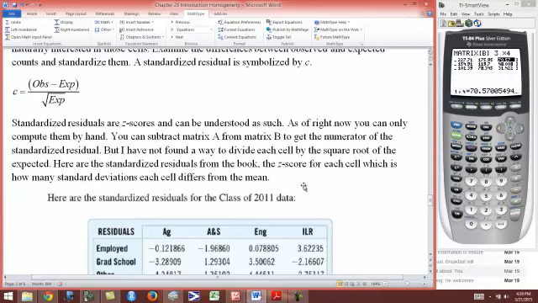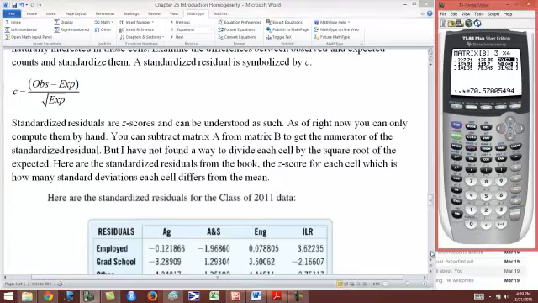You can subtract matrix B from matrix A and store it in matrix C, for example, and get the numerator of the standardized residual. In fact, let's do that right now. I'll just show you how you can do that. Let me clear the screen. We want to do actual minus expected, so that would be A minus B. A is the actual and B is the expected.